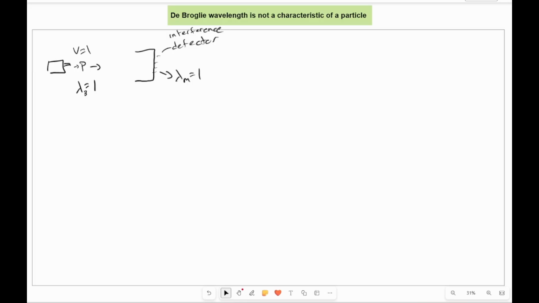Now, if we have the same thing here, a bigger gun for some reason, we have velocity equals 10 for this particle. And so the wavelength is now going to be 0.1, a nice linear relationship as shown before. Now the detector is going to measure 0.1. Everybody's happy.